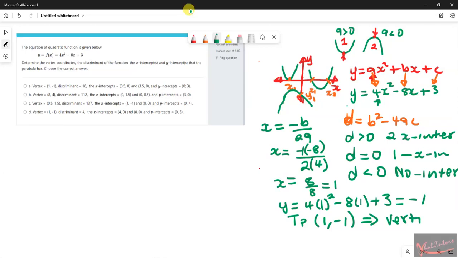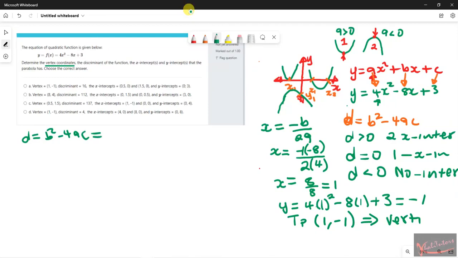Okay, so we have dealt with the first part. Now we're supposed to determine the discriminant. The discriminant is given by this equation: d equals b squared minus 4ac.